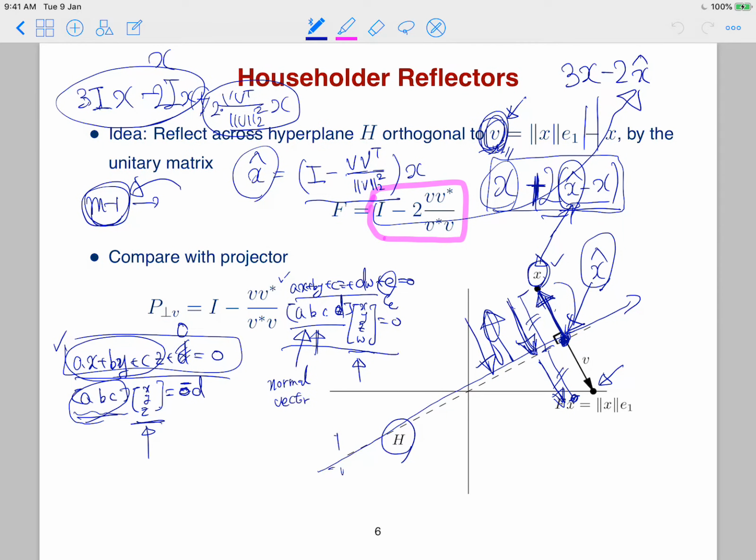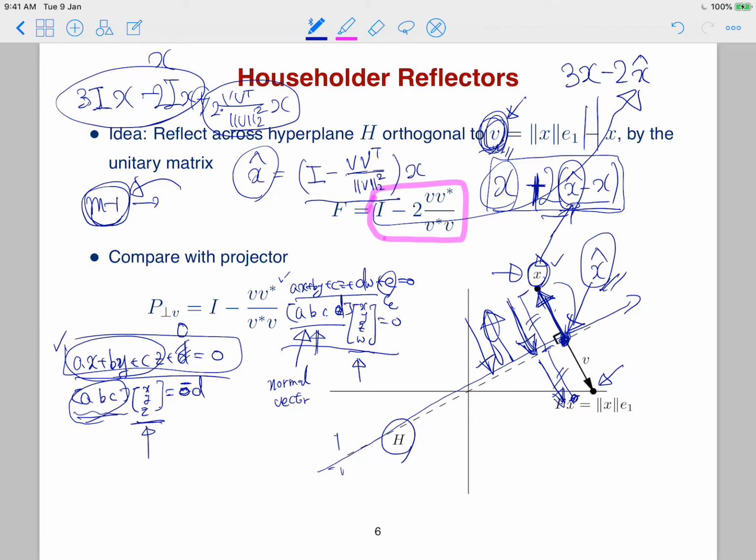So we discussed the Householder reflector last time, and I was confused at the end of the last class. To obtain the reflector matrix, we have x over here and then x hat here.